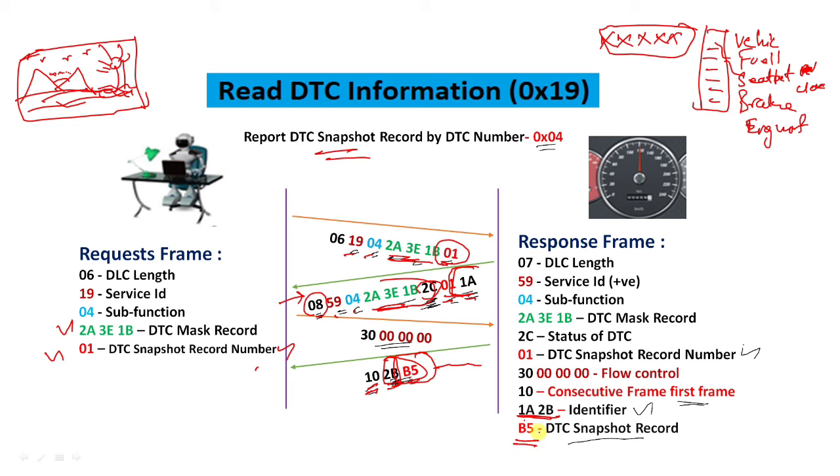In 1 byte we have 8 bits of information, all are flags. So when this DTC is triggered, in the DTC snapshot record you can come to know what exactly was there. This is the identifier of the snapshot record. This snapshot record created this particular byte. So this byte is B5, right?